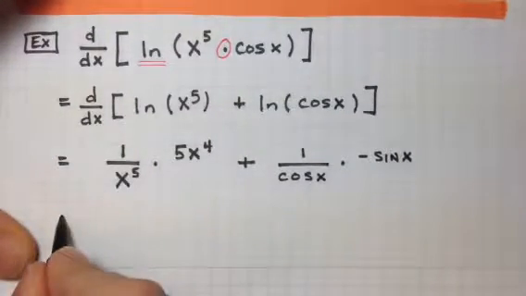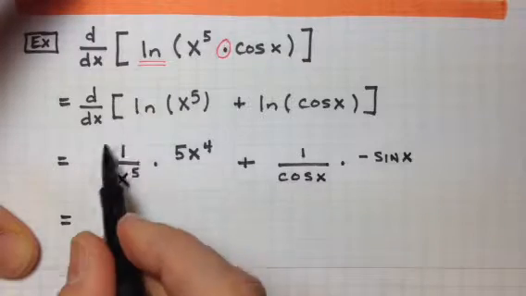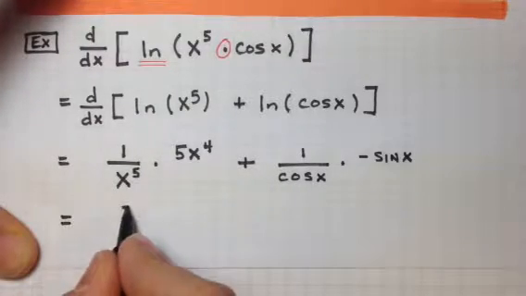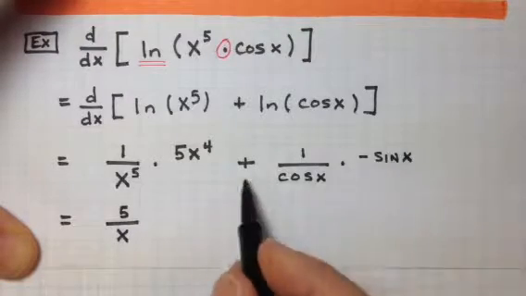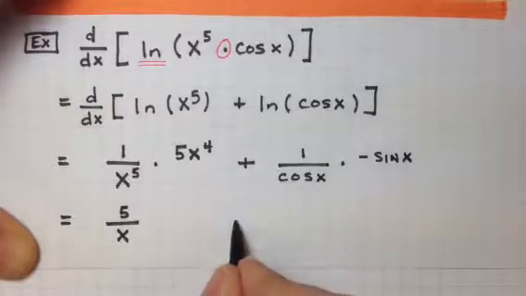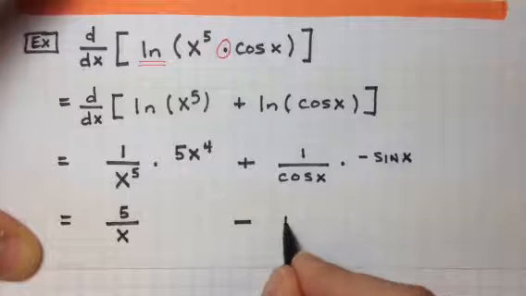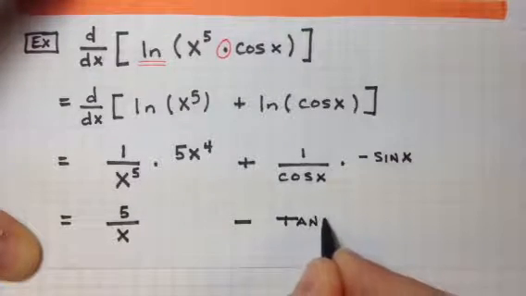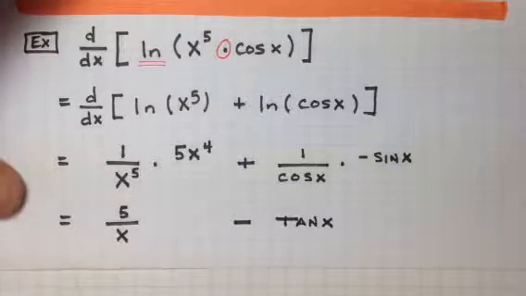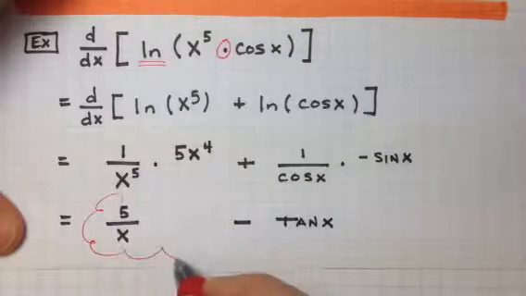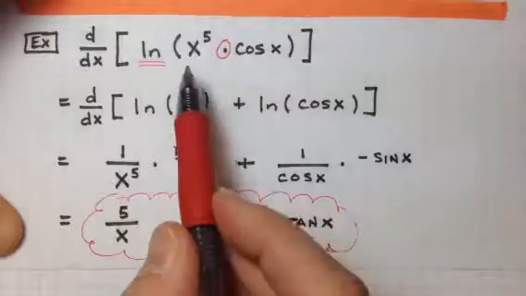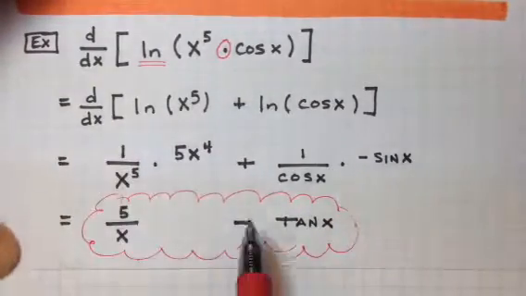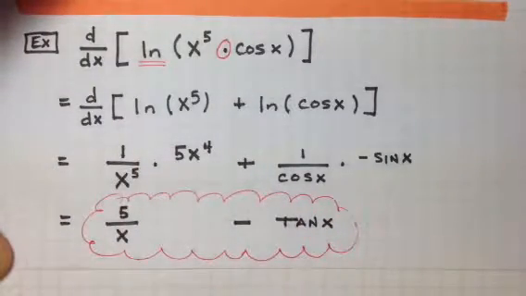And look how nicely this cleans up now. This expression right here simplifies to 5 divided by x, and this expression right here simplifies to minus sine over cosine, which gives us the tangent of x. And so by applying the product rule and expanding before we took the derivative, we were able to get our answer more simply.